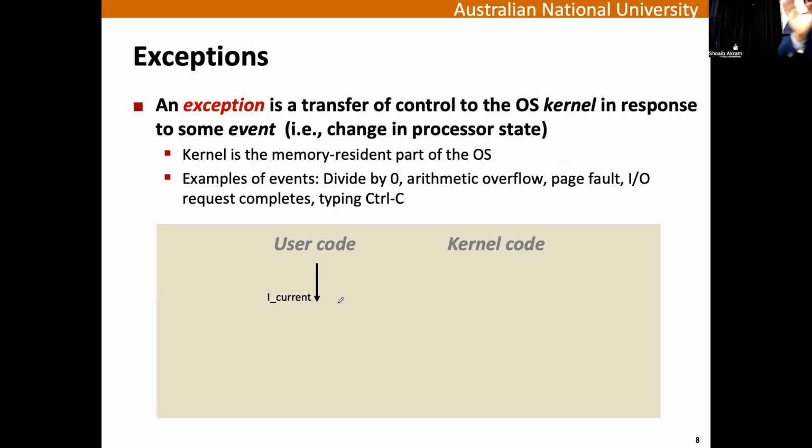I need to stop doing what I am doing. Typically, I would execute, this is the processor speaking, the next instruction, PC plus 4, but hey, someone needs my attention. Let me go somewhere else and do something. Let me handle that exception. It's an example of an exception.